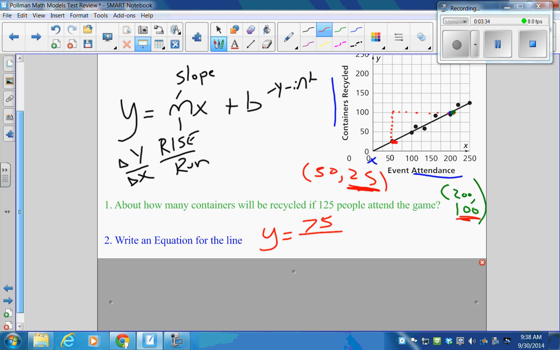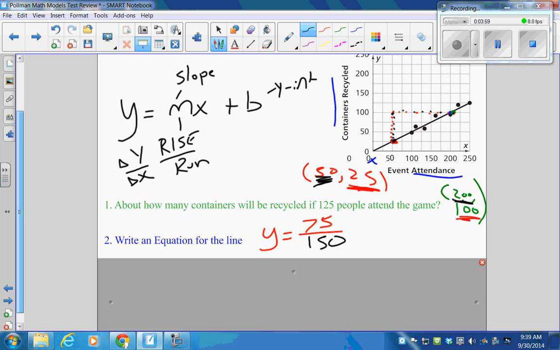My rise is 75 from 25 to 100. My run, I have to run 1, 2, 3, 4, 5, 6 spaces, but since I go up by 25s, that is a total of 150. Or you could look at 50 over to 200, that is a change of 150.